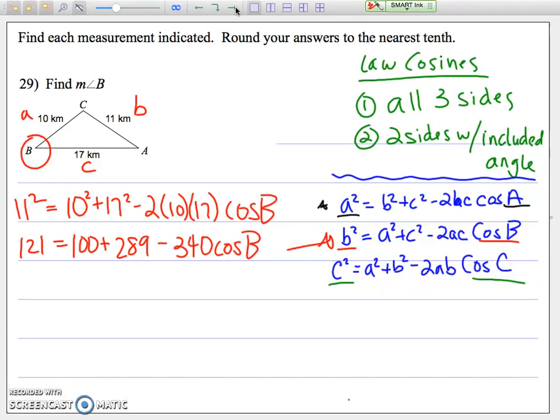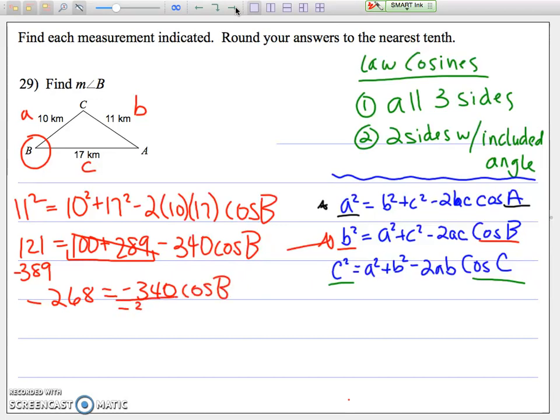I'm going to combine these and subtract it over here. So that's 389. So 121 minus 389, negative 268 equals negative 340 times the cosine of b.